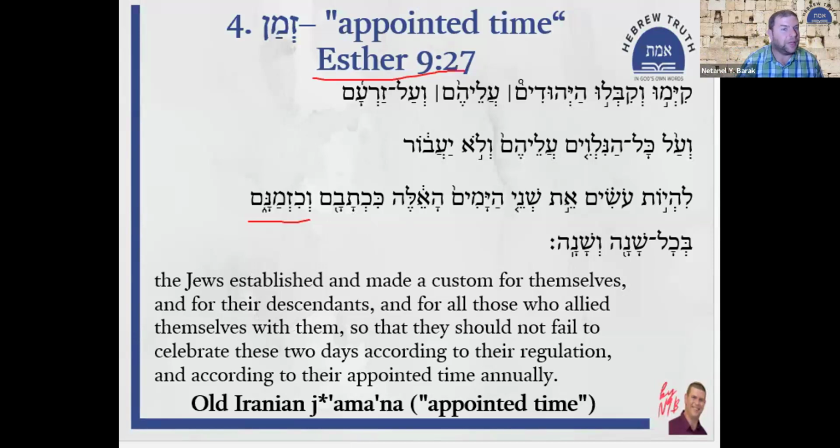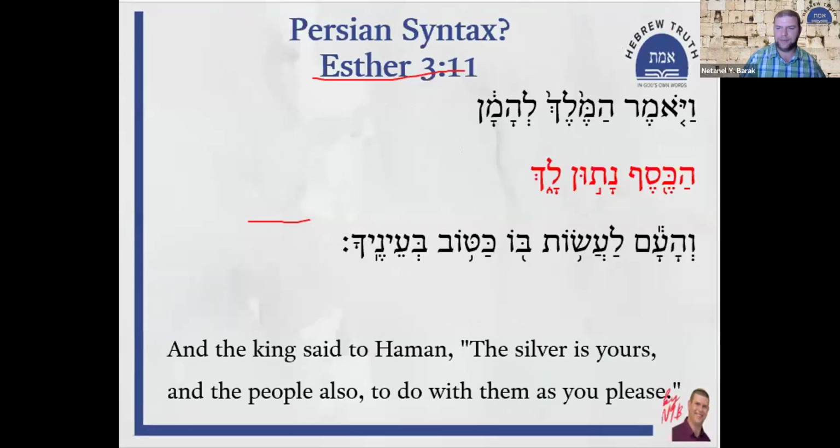Yeah, the word Zeman is important. I started with the fact that it's so common and important. But yes, it's originally probably from Old Iranian.